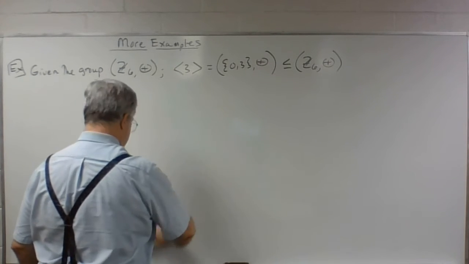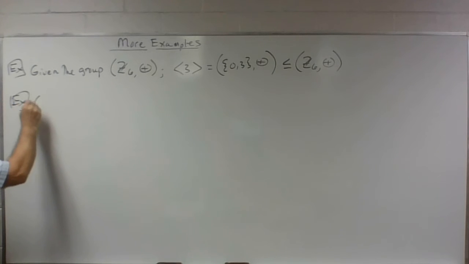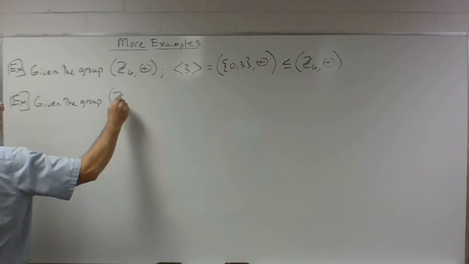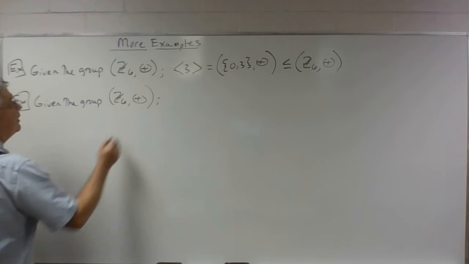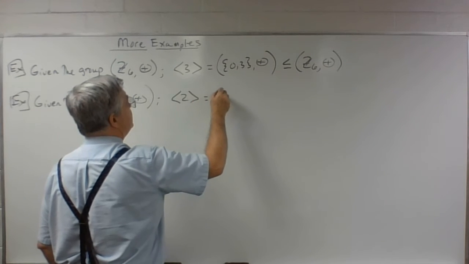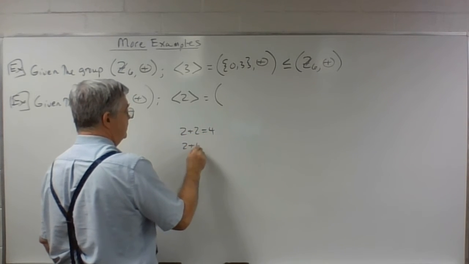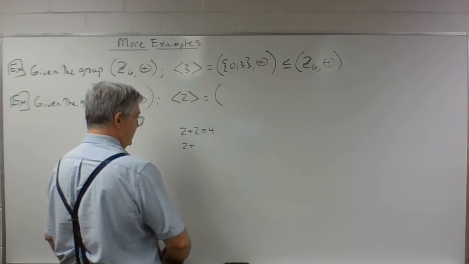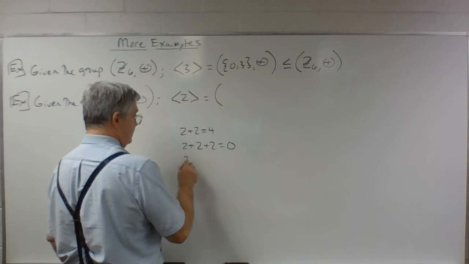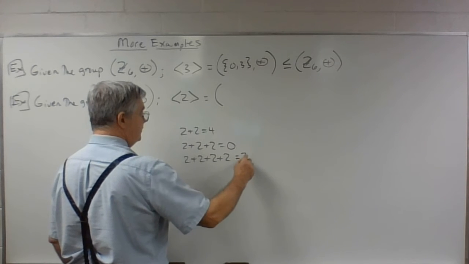Let's look at another example. Let's see what element 2 generates. 2 plus 2 is 4 mod 6. 2 plus 2 plus 2 is 6 mod 6, which is 0. 2 plus 2 plus 2 plus 2 is 0 plus 2 is 2.